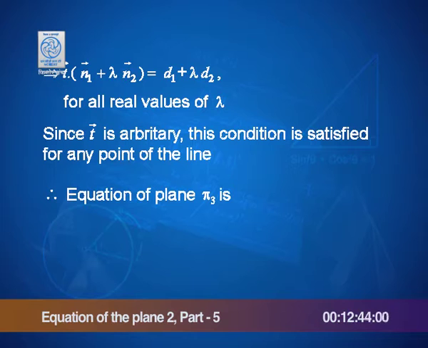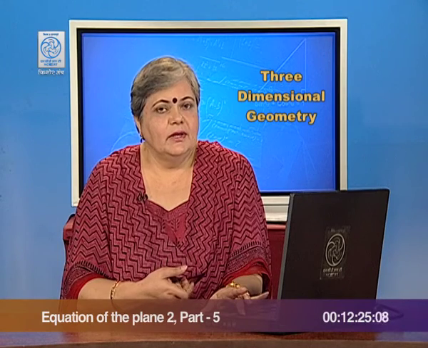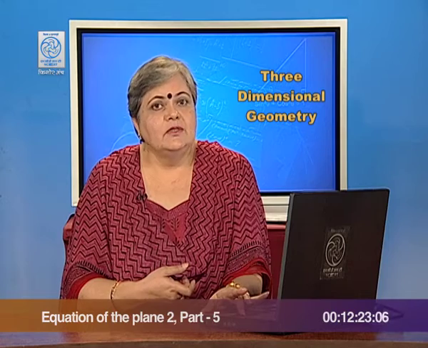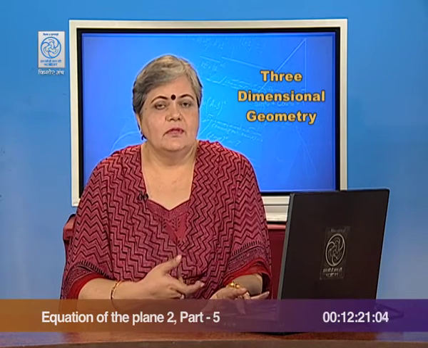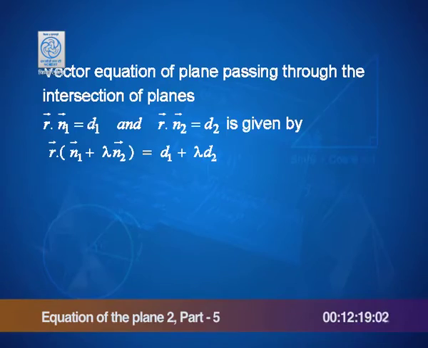That gives rise to a locus which is nothing but the equation of the plane pi 3, stated as vector r dot n1 vector plus lambda times n2 vector equal to d1 plus lambda times d2. Lambda is any real number. So, as you vary lambda, you come across the entire family of planes passing through the intersection.